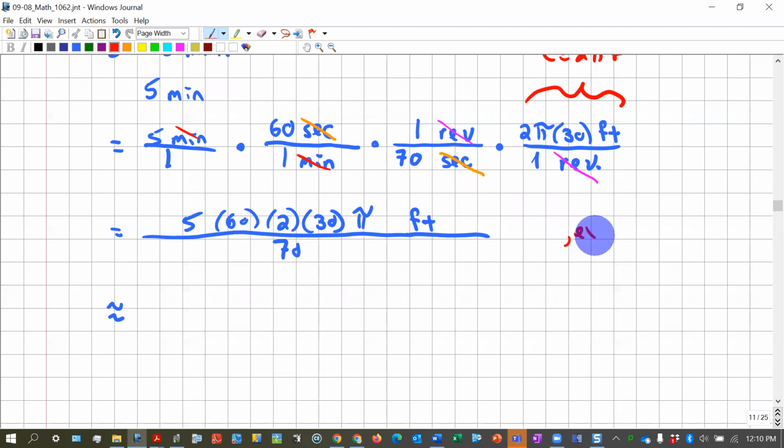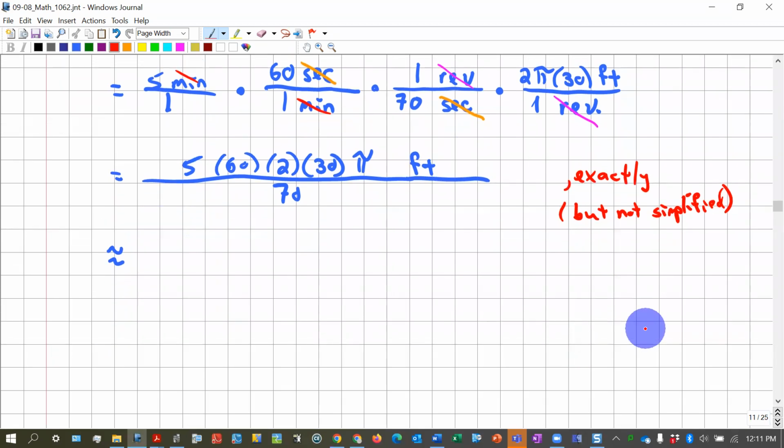So this is exact, but not simplified, because there's certainly a common factor of 10. That's the only common factor. Well, 5 times 2 is 10, so I can actually do this one in my head.